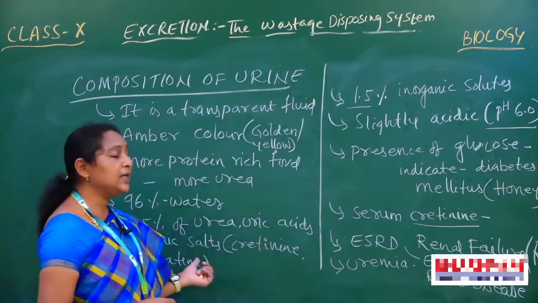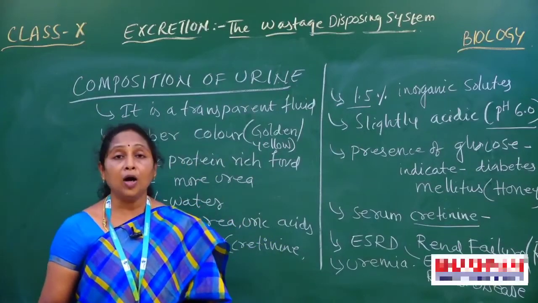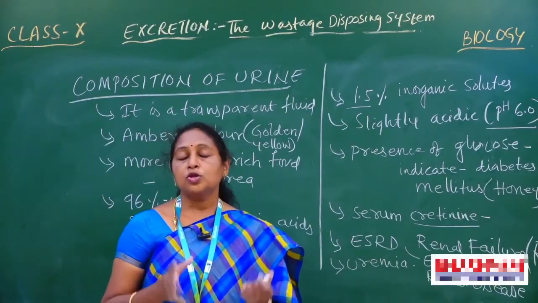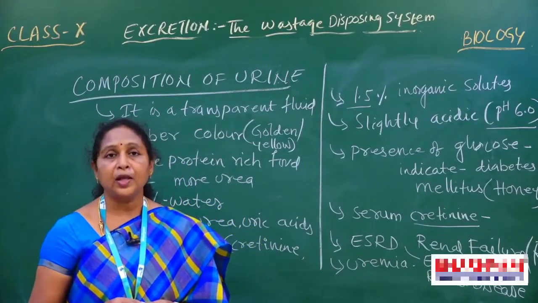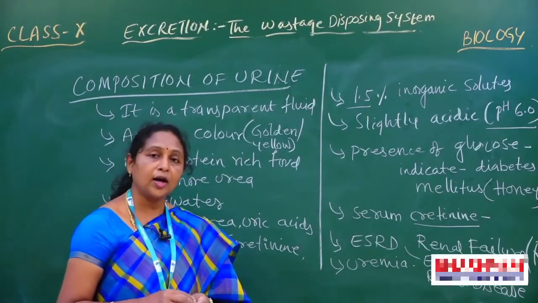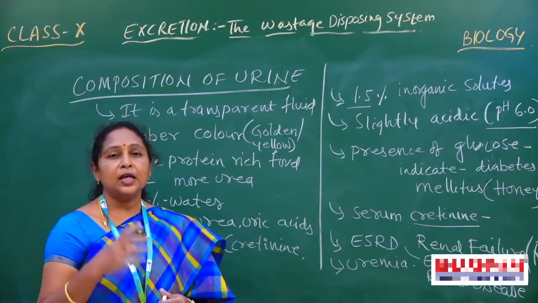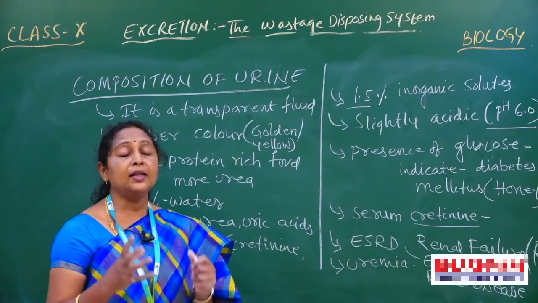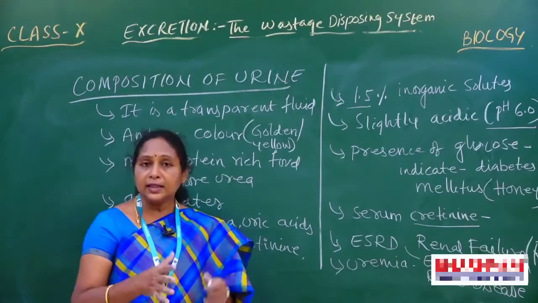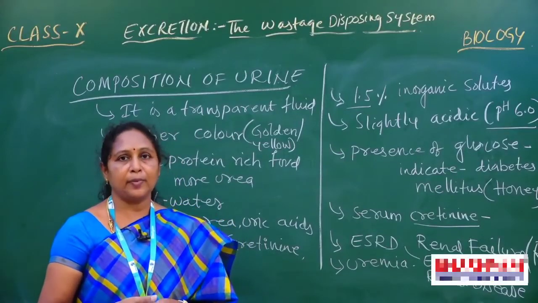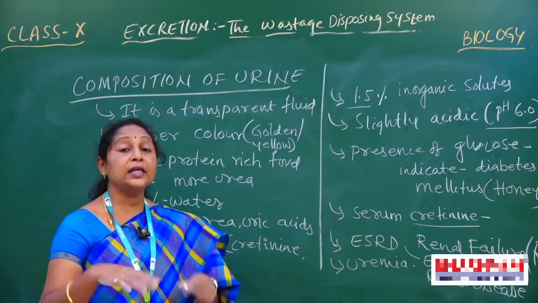So in this class, what did we learn? Up to here we learned how the kidney filters. Each kidney has millions of filtrate units. What do we call them? Uriniferous tubules or nephrons. The nephron structure is extremely different. It is microscopic, but it does a wonderful function: filtering the blood and removing the extra salts, organic or inorganic, and the extra amount of water.